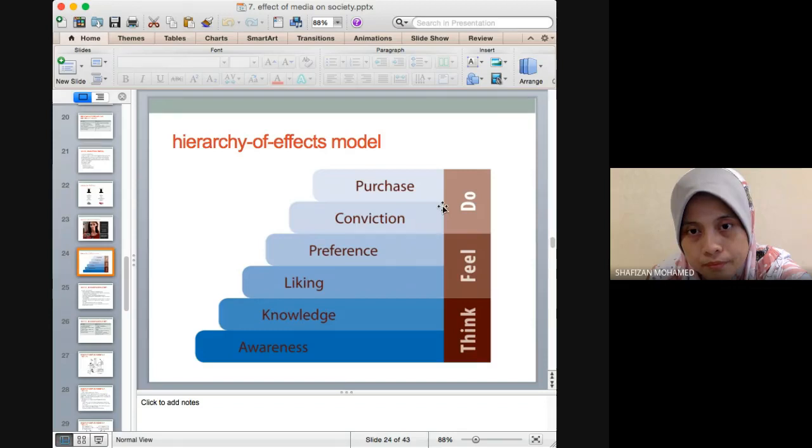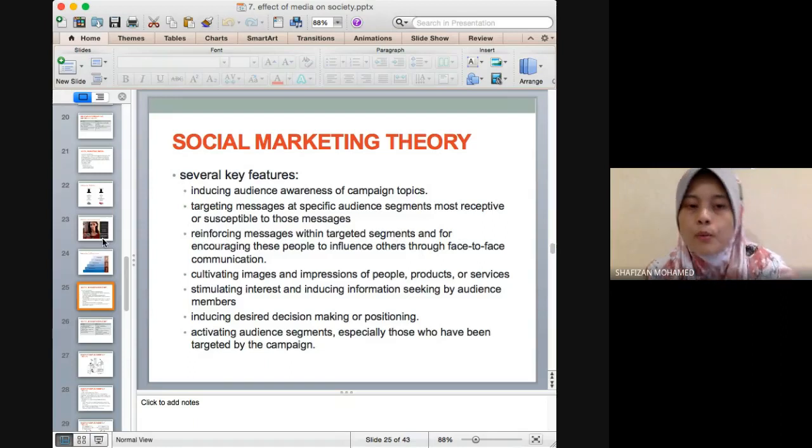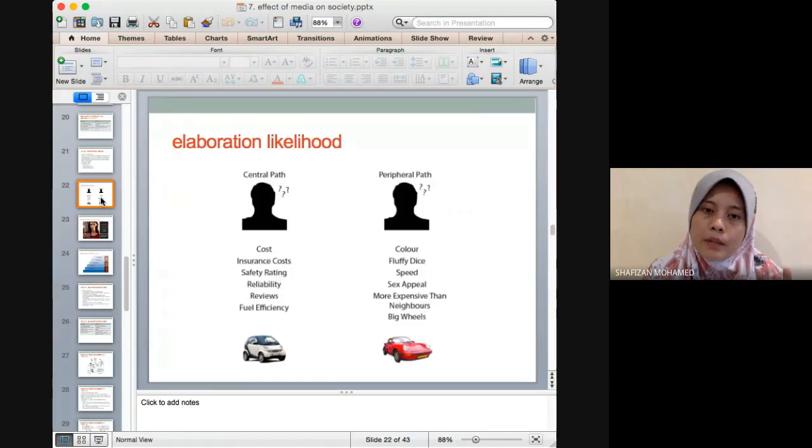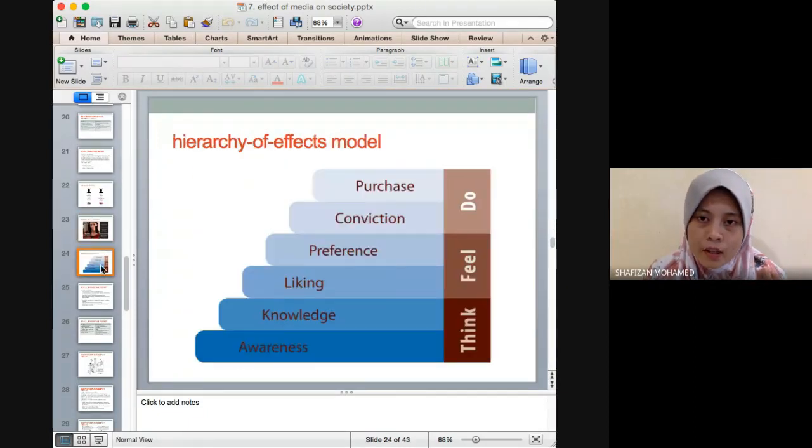Alright. So all this, why do people use social marketing theory? I hope you understand, right? We talked about 3 models just now. We talk about elaboration likelihood, we talk about narrative persuasion, and hierarchy of effects.